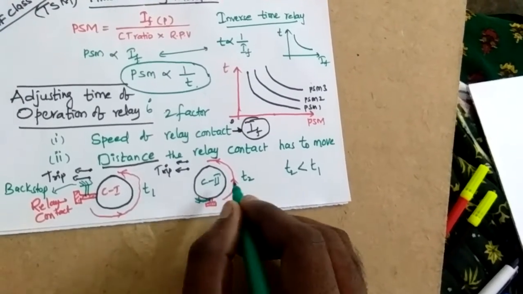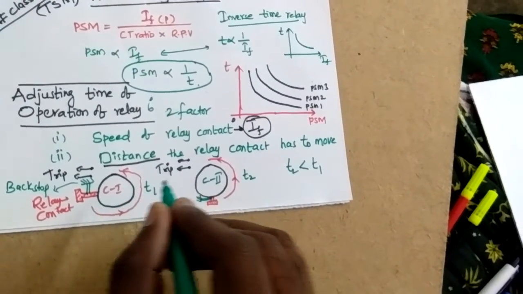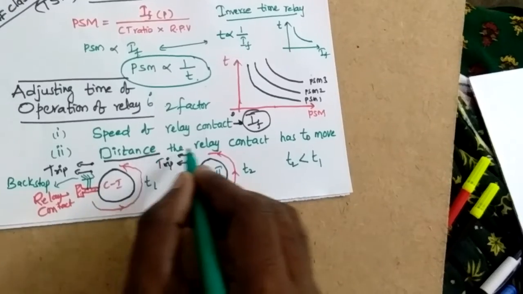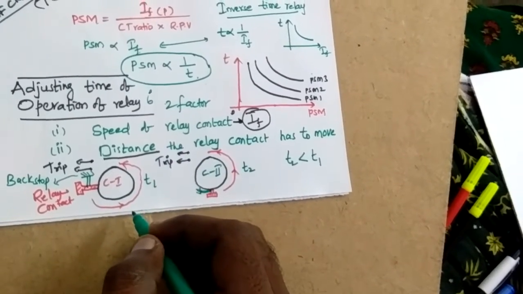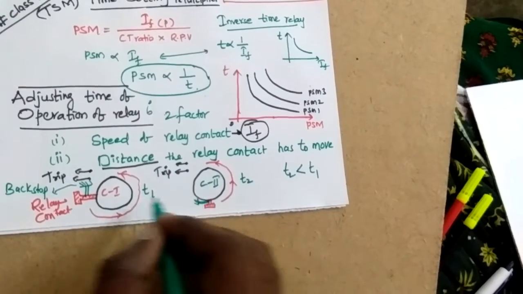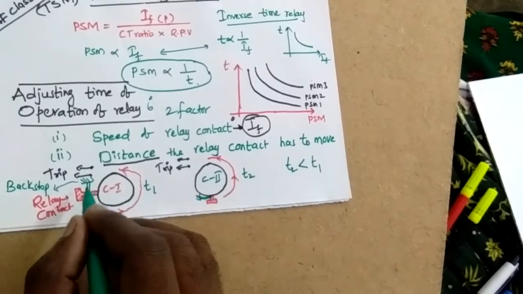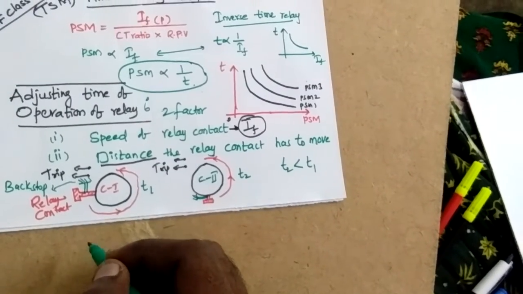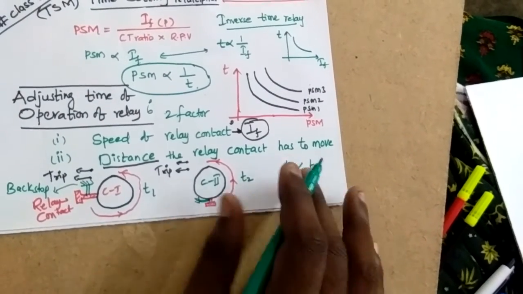So we can say the time of operation depends on the distance the relay contact has to move. This distance of the relay contact can be changed by the backstop position. So this is the information.